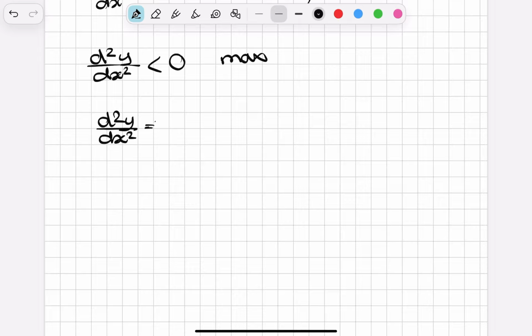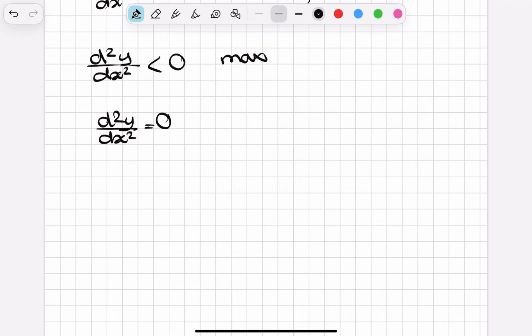And d2y over dx squared equals 0. So when d2y over dx squared equals 0, we potentially have a point of inflection.